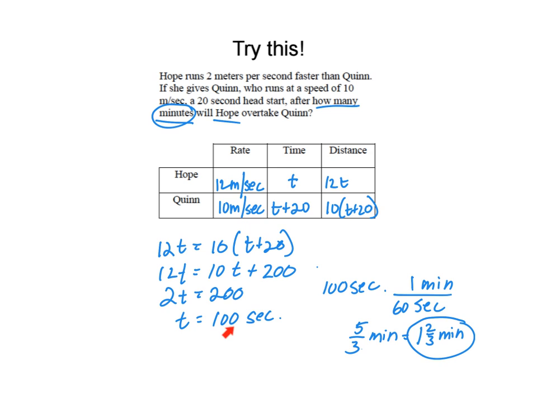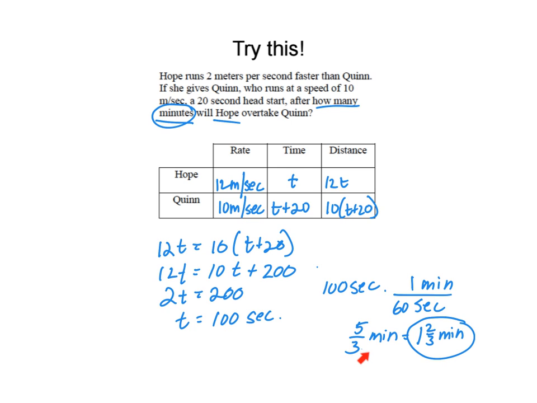So my time length is 100 seconds, but again, notice it asked me how many minutes. So I have to convert 100 seconds to minutes. To do that, I multiply by 1 minute over 60 seconds, minutes on top, seconds on the bottom, so the seconds will cancel. And I end up with 5/3 minutes. Well, if someone really asked me this question, how many minutes will it take Hope to overtake Quinn?